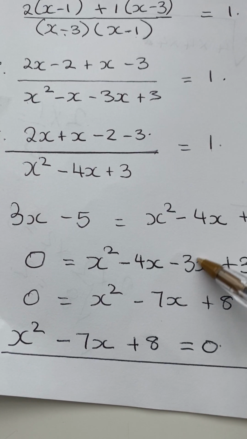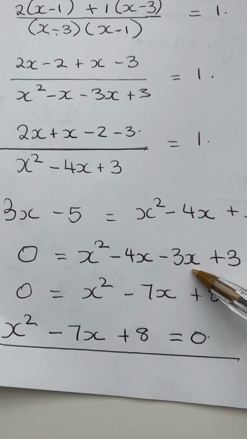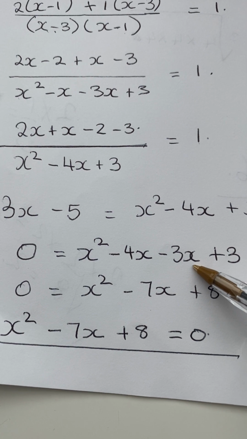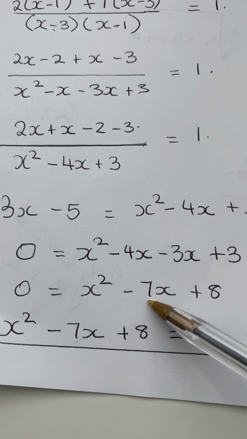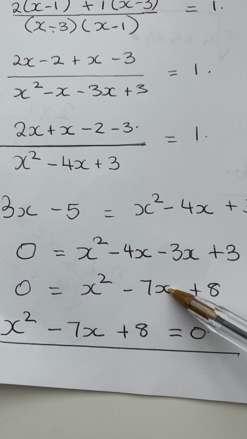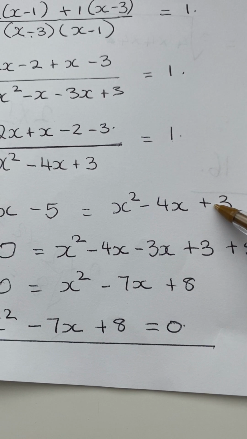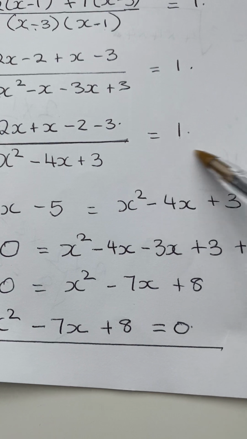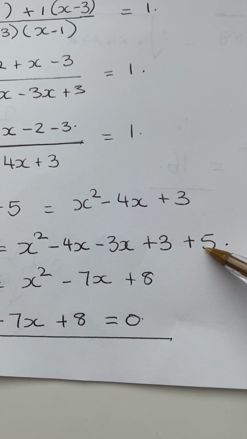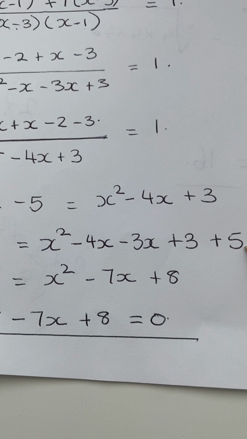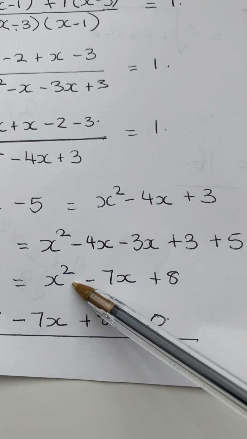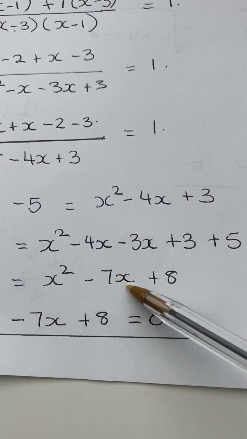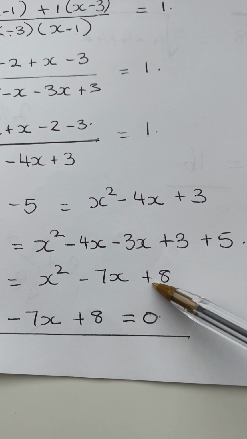So if it comes here, it becomes minus 3x, which will give us minus 7x. Now this is plus 3. If the minus 5 moves to the other side, it becomes plus 5. So we have x squared minus 7x plus 8.